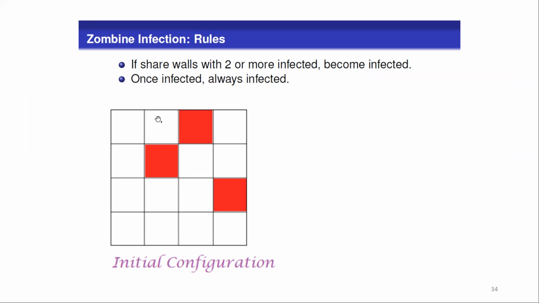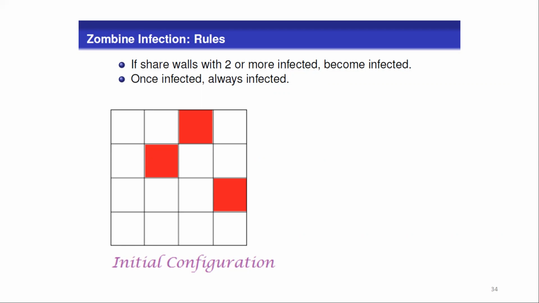So over here, we have 2 infected people here and another infected person here. Row 1, row 2, row 3, row 4. Who gets infected in the next moment? So does anybody get infected?